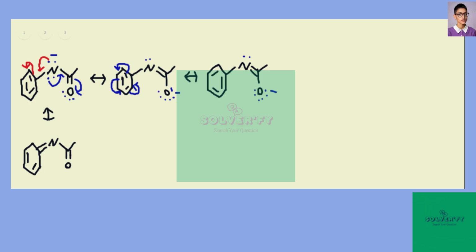And so now we have a lone pair and a negative charge on this carbon. And from here, we're basically just going to move these electrons around this ring. So they'll add in here. These will go here.